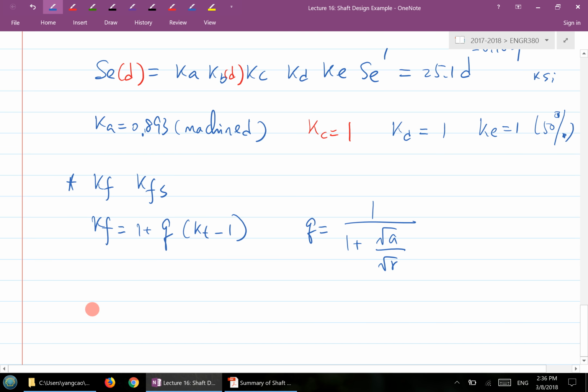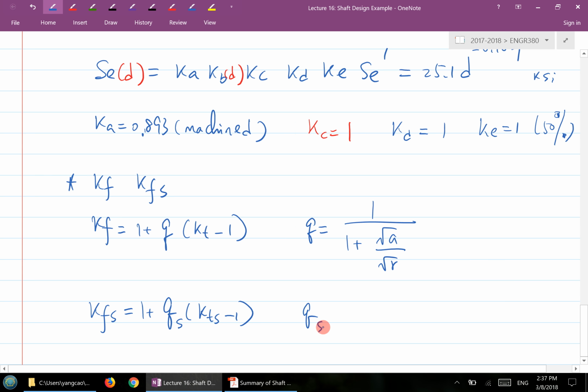And Kfs is 1 plus qs times (Kts minus 1). Similarly, there is a formula for qs. That's the big picture of how you calculate this.